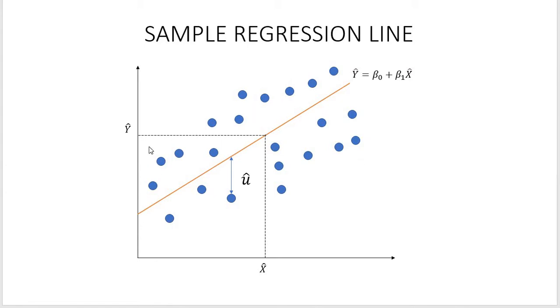So maybe it's because of model misspecification. Maybe there is just some intrinsic randomness which cannot be captured by any kind of explanatory variable. There are many reasons, but the conclusion is this: you can never design a regression model where all the predicted values of y will be equal to the actual values of y.